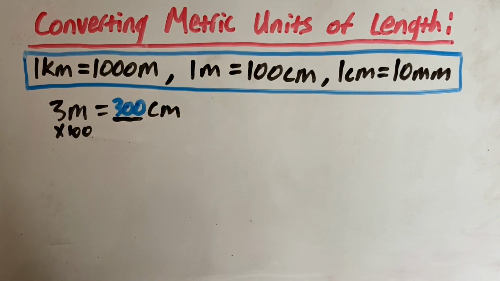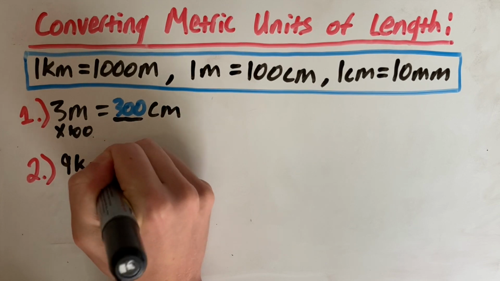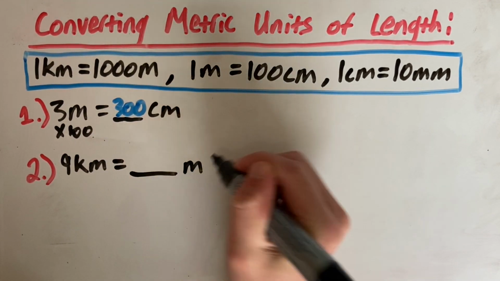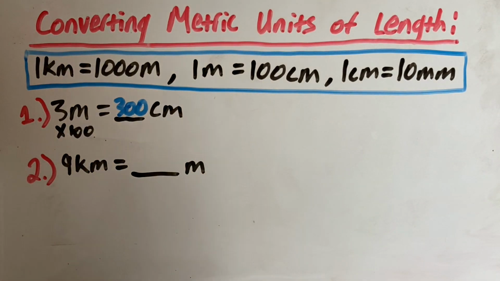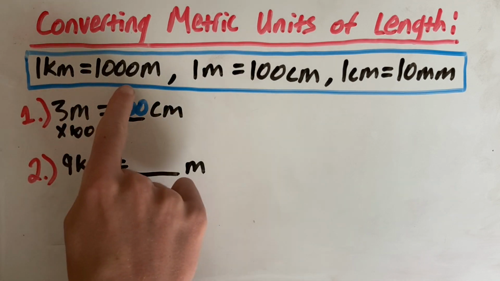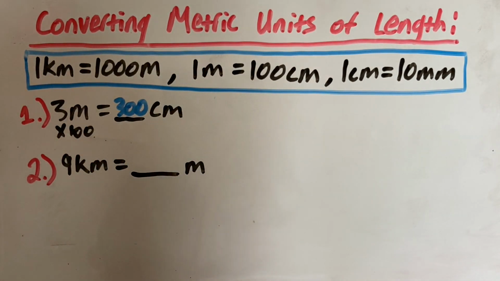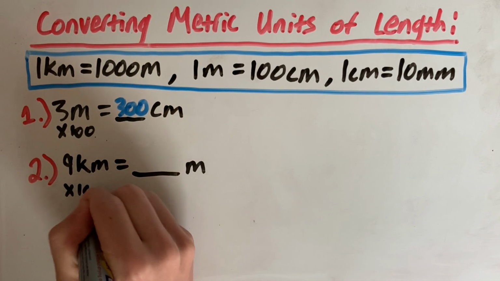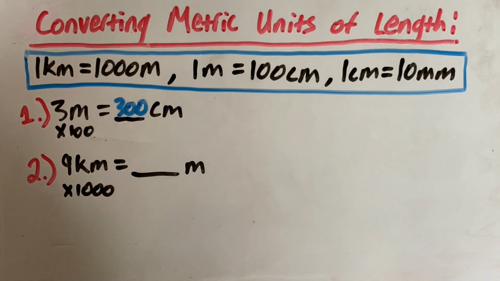Now we're on to problem number 2, which is 9 kilometers is equal to how many meters. If we go to our measurement conversion up here, we know that 1 kilometer is equal to 1,000 meters. So we're going from kilometers to meters, and to convert, we multiply by 1,000.